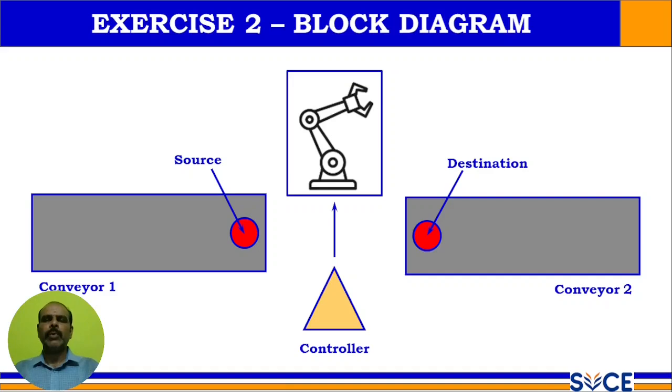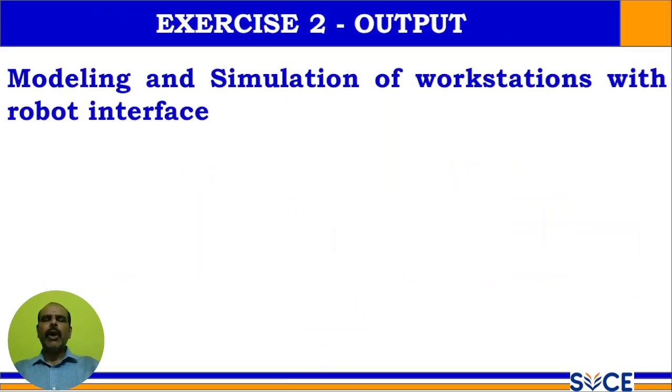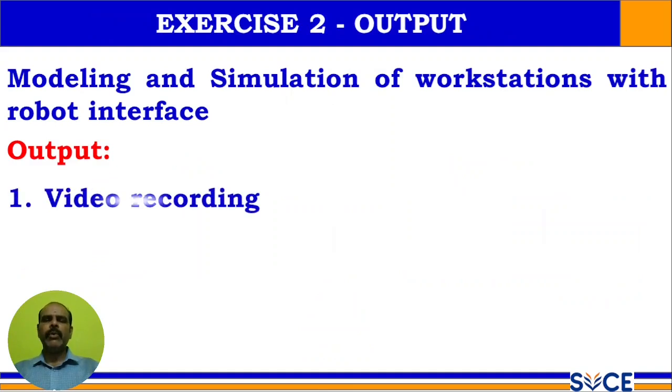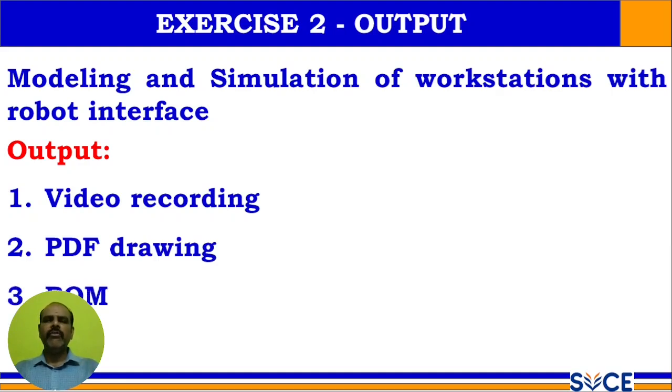As usual, the outputs of the exercise will be a video recording as we did in exercise number 1, followed by PDF drawings, and the third is the bill of materials.